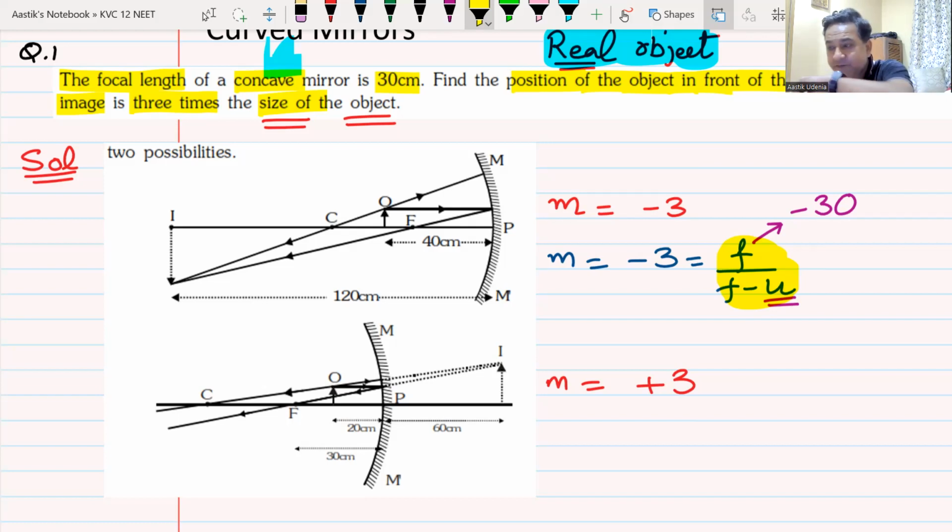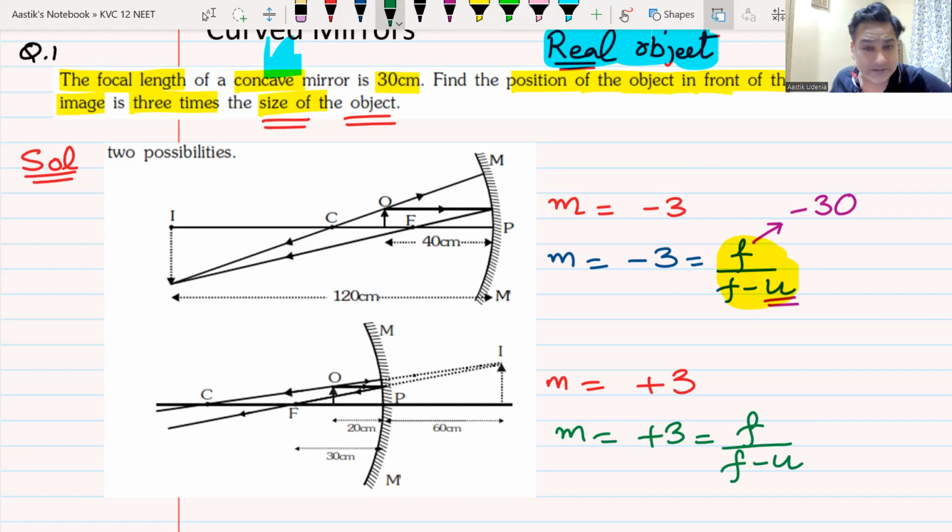Now what is the difference between the first case and the second case? In the second case, what is going to happen, my dear friends, is that this magnification will become +3. +3 will be equal to f upon f minus u. Again the same calculation will come. The only thing that has changed is on the left hand side, now we have +3. Previously we had -3, and therefore the entire answer changes.